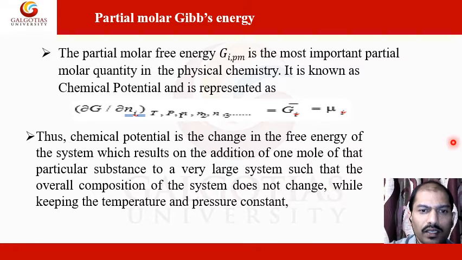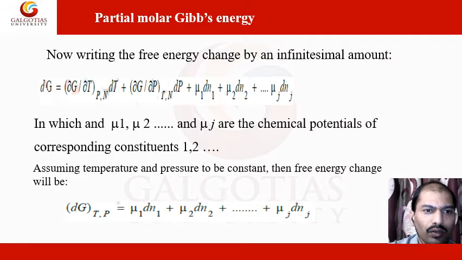Now here you can write the free energy change for a very infinitesimally small amount, which we represent as del G upon del T, because this del represents a very small change with respect to temperature, with constant pressure and total number of moles.